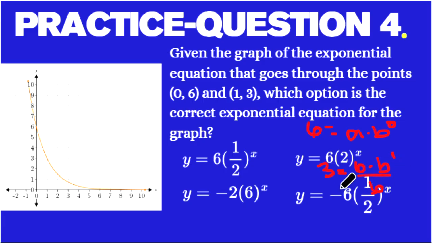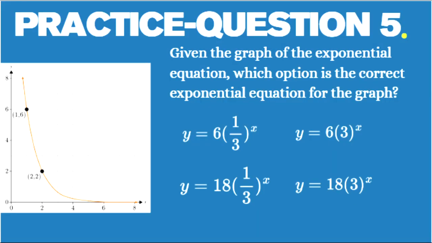Divide both sides by 6. b equals 1/2. So then we end up with y equals a, which is 6, times b, which is 1/2, raised to the power of x, which is right there.